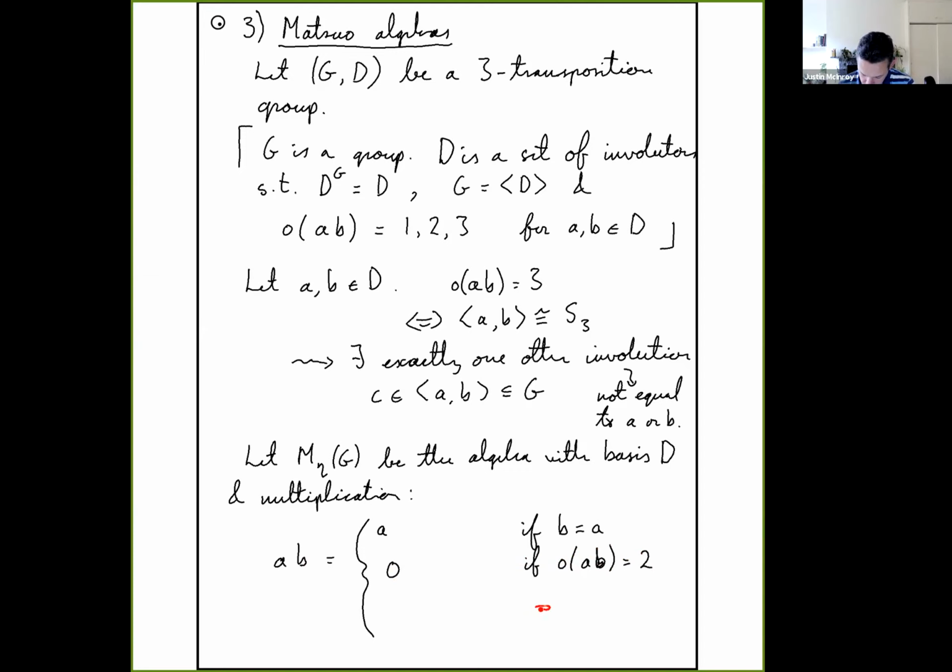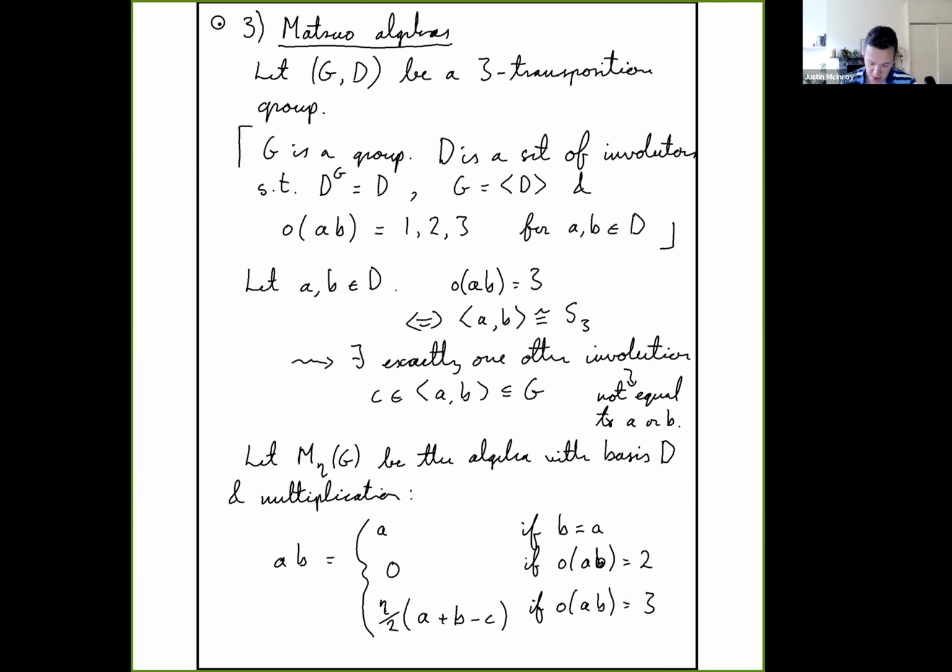And if the order is 3, so this would be order 1, order 2, order 3. Those are the only 3 cases. And finally, in this case, I'm going to want to make this eta over 2 times (A plus B minus C).